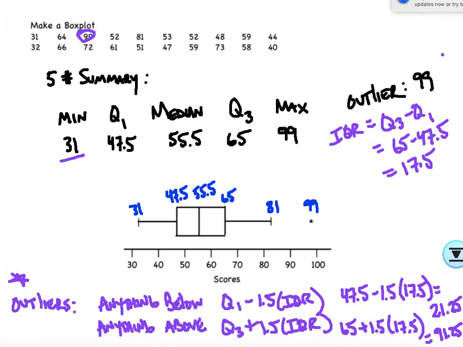But the mean, here, let me write this down. The mean was 57.1, but that is not in the box plot. So if you are ever told to describe a box plot, do not talk about the mean.